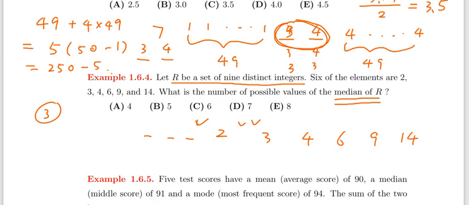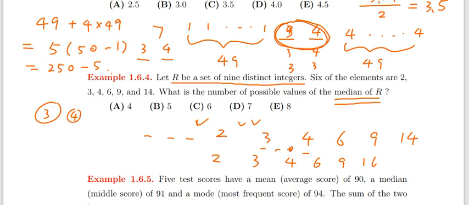If we put 3 numbers here and 3 numbers here like this, then in this case 4 could be the median, right? 4 is okay.